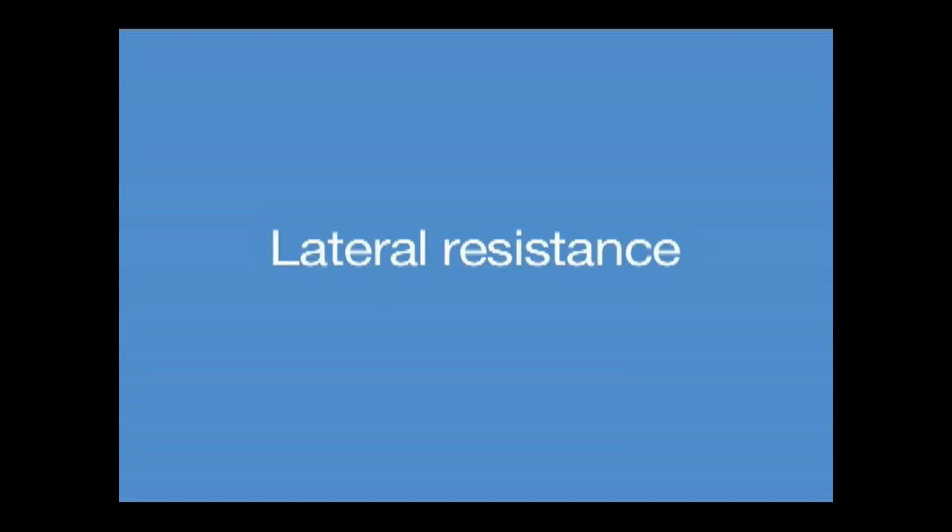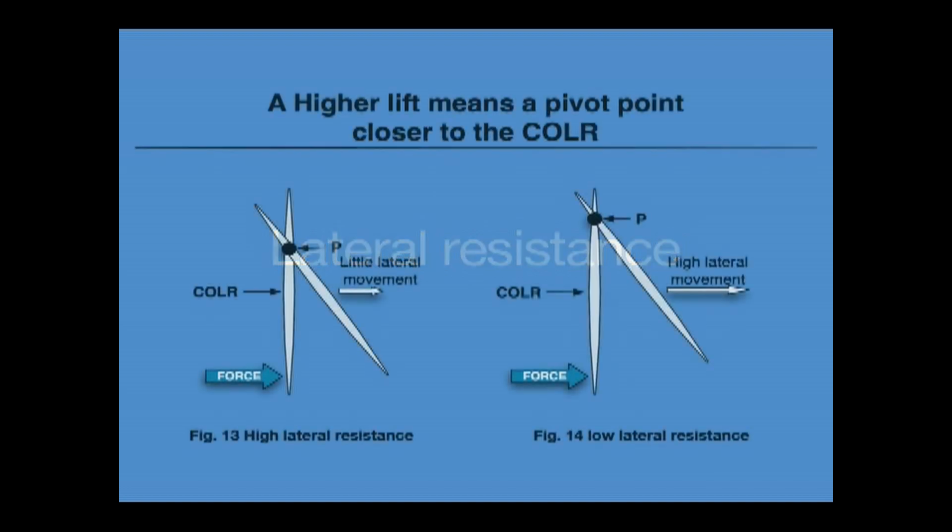The underkeel clearance. Little underkeel clearance means more lift. The narrow space under the keel makes it difficult for the water to flow from one side of the ship to the other, so it is harder to push the ship sideways. A higher lift means a pivot point closer to the center of lateral resistance.